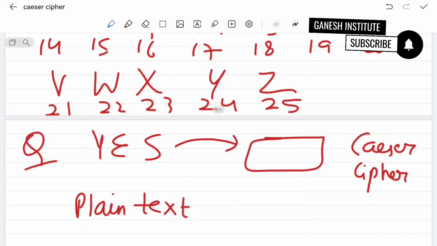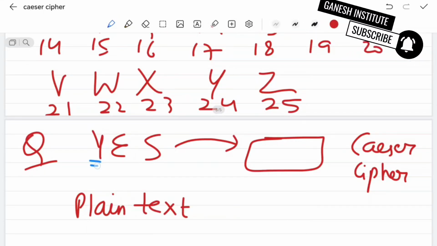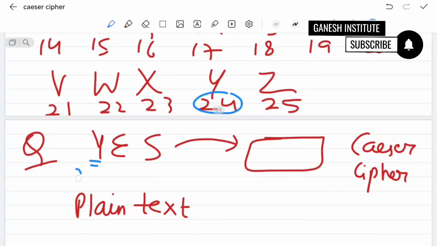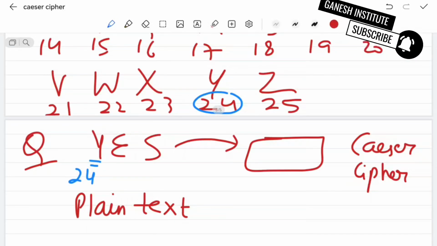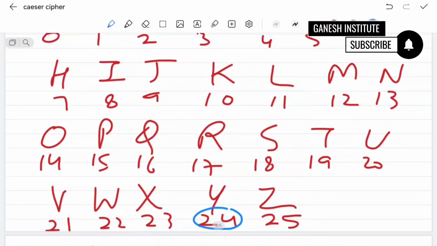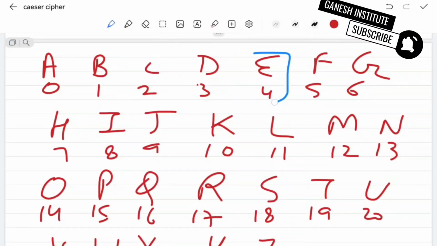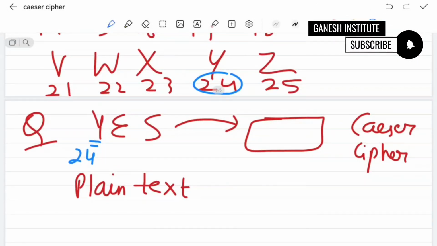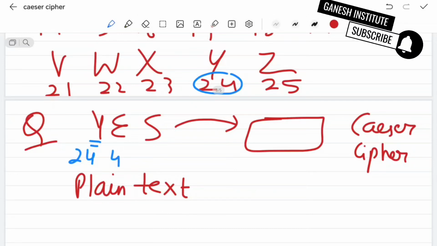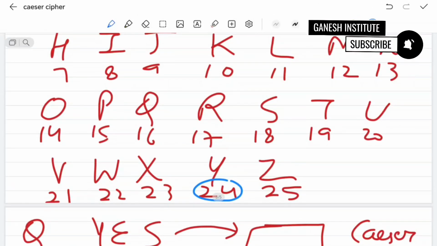Note down the places where the letters stand. Y means 24. E means 4, E stands at the 4th place. S is 18.